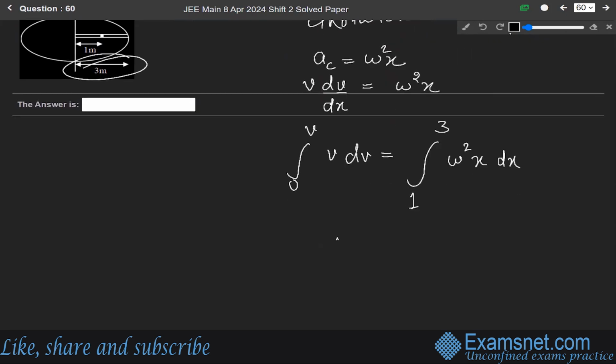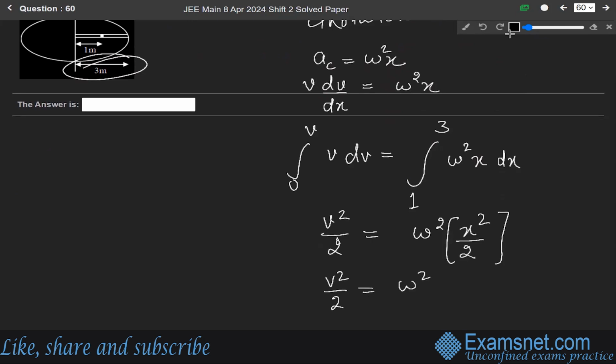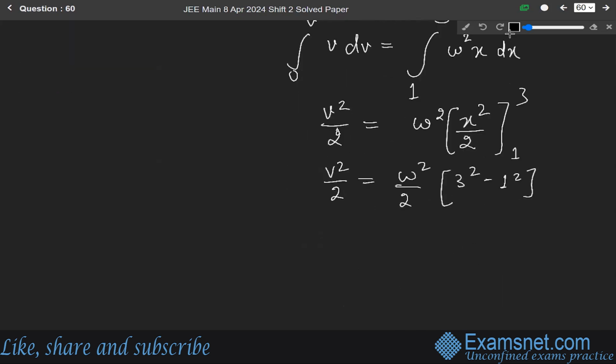So integrating it, we get v square over 2. Since omega is constant, omega square times x square over 2. So v square over 2 equals omega square, with limits from 1 to 3, so it will be 3 square minus 1 square. Simplifying, we get v square over 2 equals omega square over 2 times 9 minus 1, which means 8.